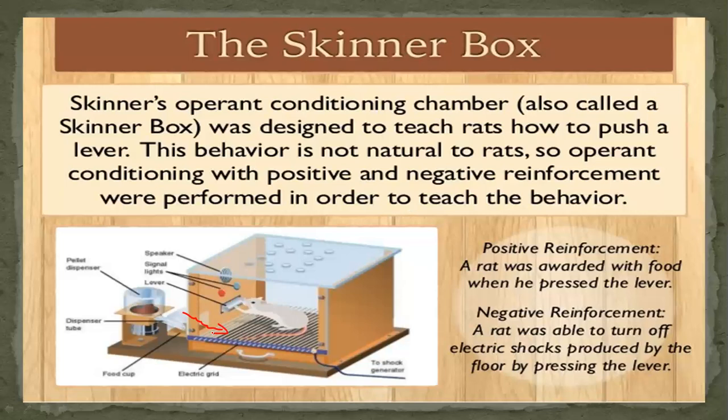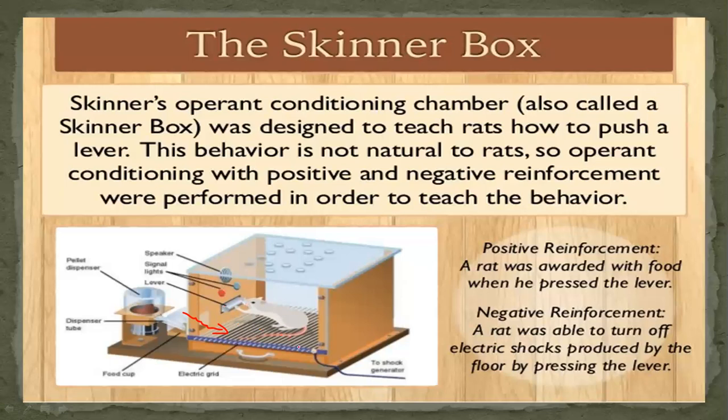At first the rat would ignore the lever, but later on, after some trials, the rat started to press the lever by itself. He is trained now to press this lever because he knows that when he presses it, he will be provided with food.